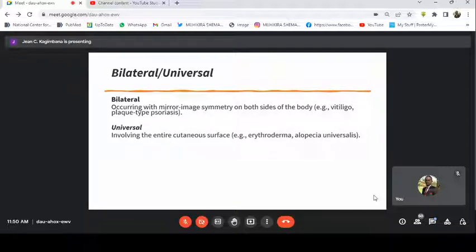It may involve one portion of the body, the scalp, may involve the skin of my hand, but when it involves the entire body, you say universalis vitiligo. Okay?